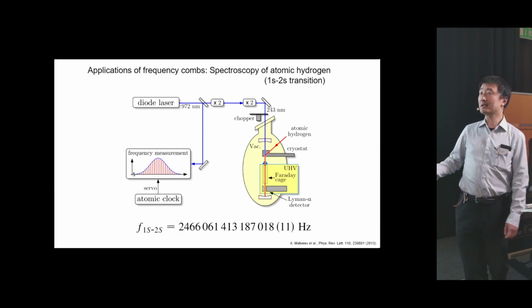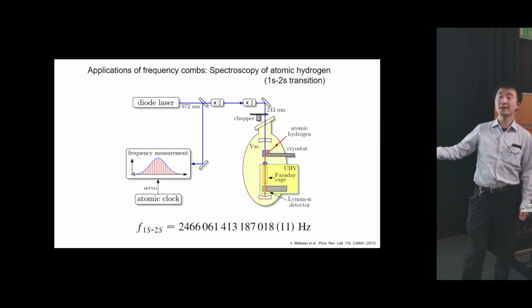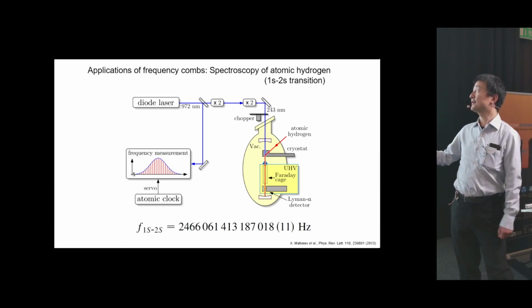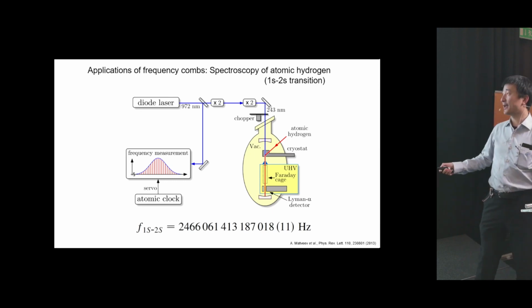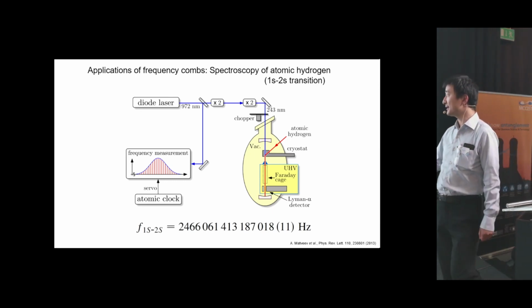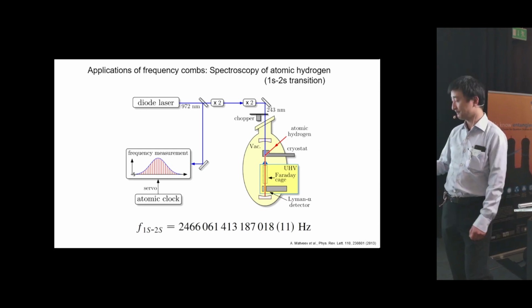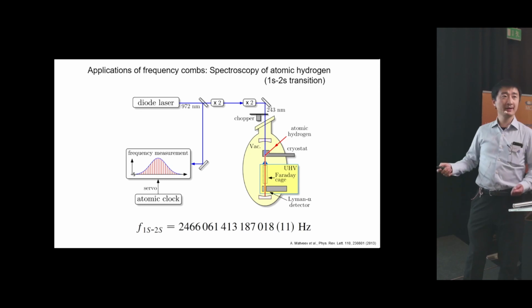This way, we can measure the frequency difference between this laser and one of the comb modes, and calibrate the frequency of this spectroscopy laser. With this apparatus, we can obtain, for example, the hydrogen 1S-2S transition frequency with 15 to 16 digits.